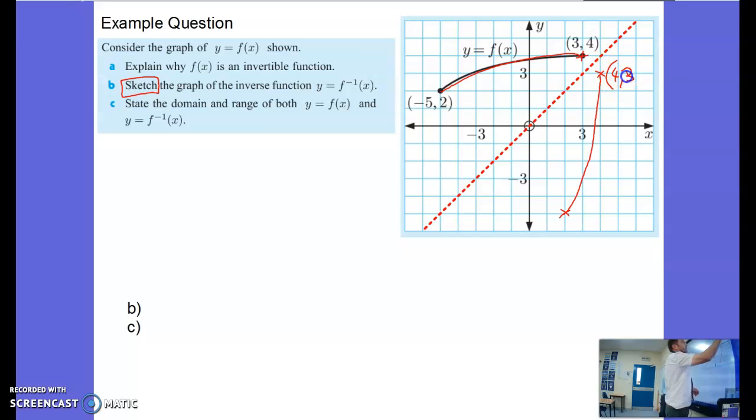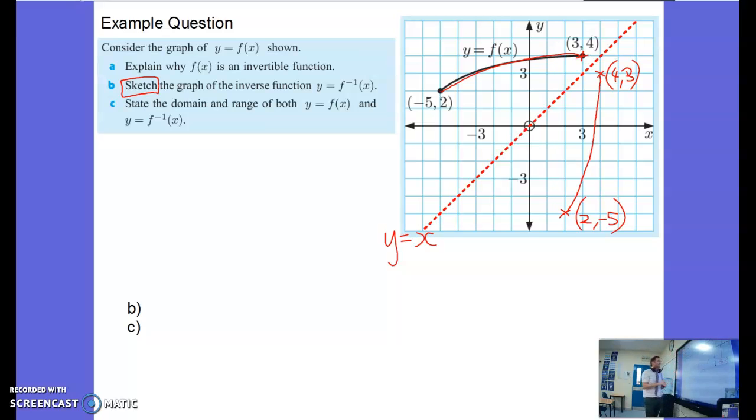So I've used that coordinate, I've used that coordinate, 2, minus 5, and I've got this dotted line, y equals x, just make a reference to that. And I think that's all the information we would need to sketch the graph of the inverse there. So take some coordinates, plot them so that we've got some fairly accurate positioning, and then draw in your line as good a reflection as you can get.